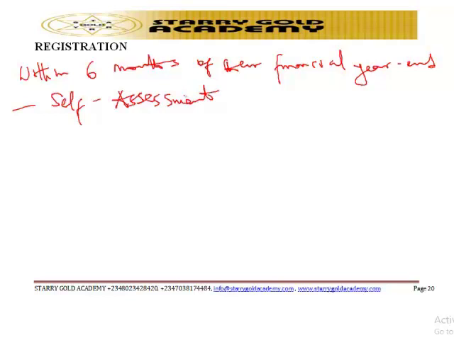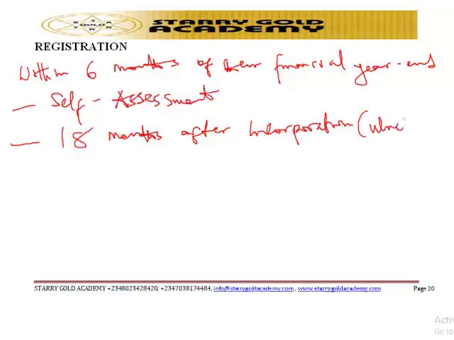So on a self-assessment basis, within 18 months after incorporation, whichever comes first. A company may file an application for extension of filing tax returns for up to 2 months at the discretion of the FIRS.